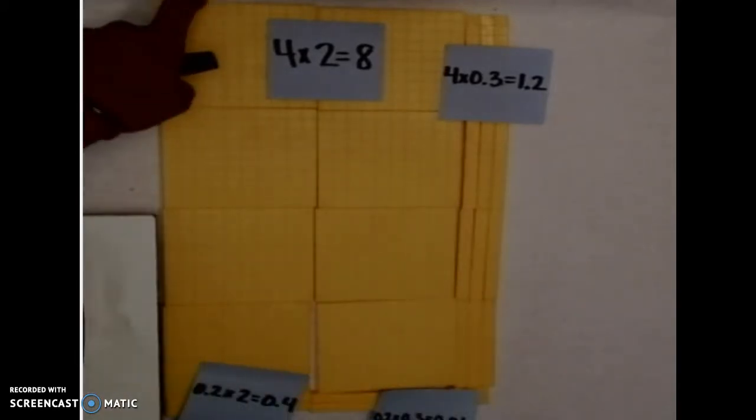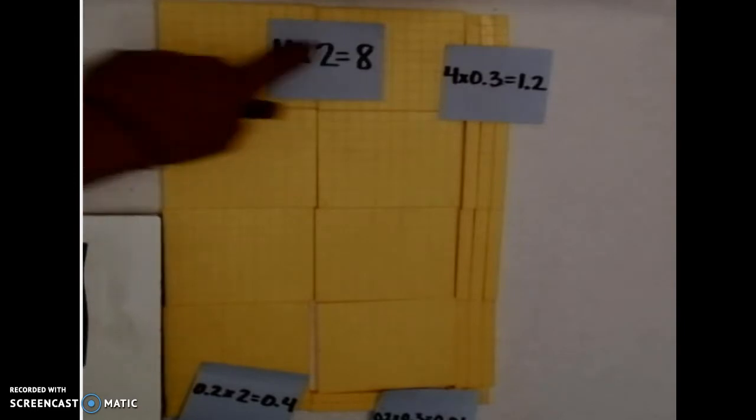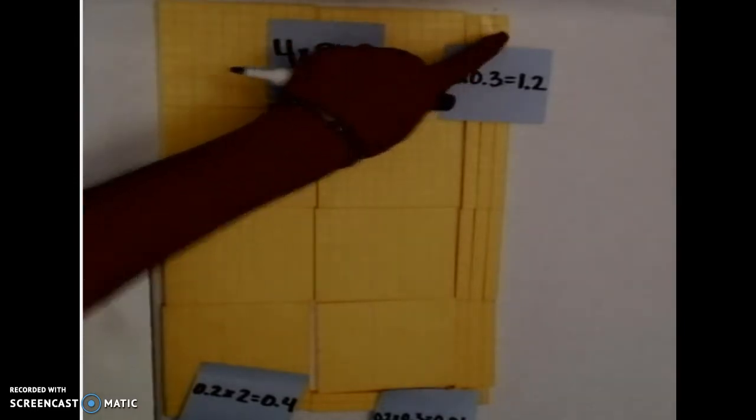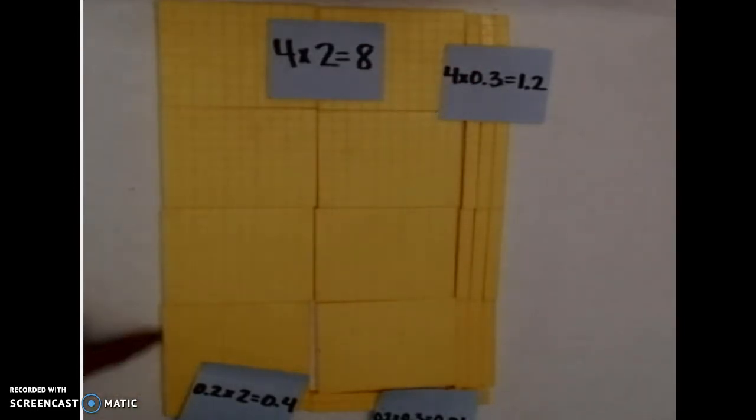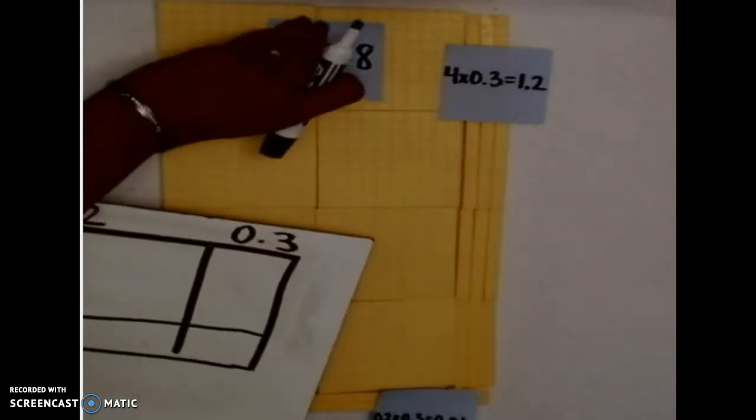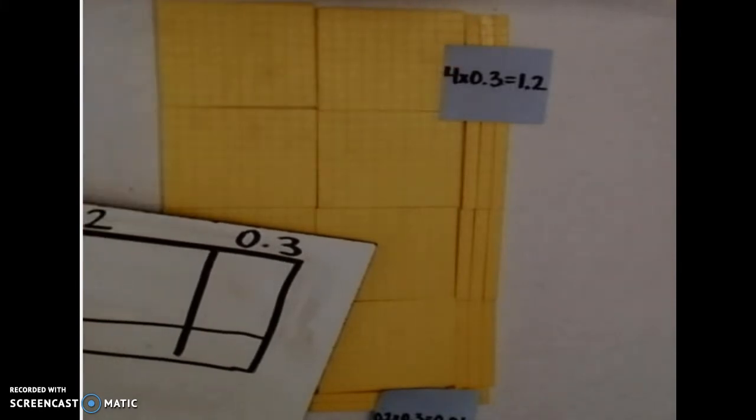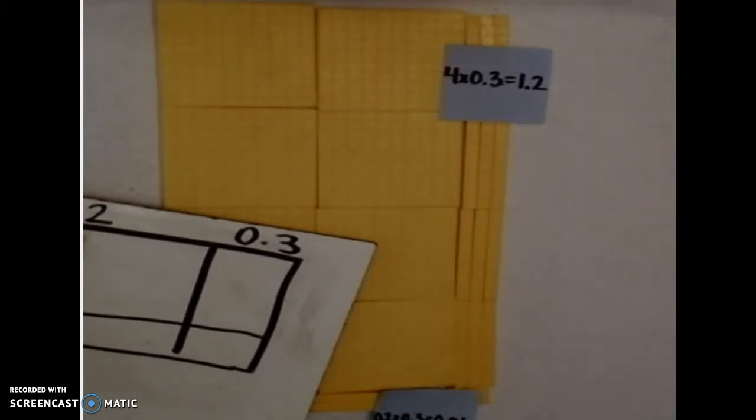So remember, I have 2 and 3/10 times 4 and 2/10. So the first one is 4 times 2, we said is 8.